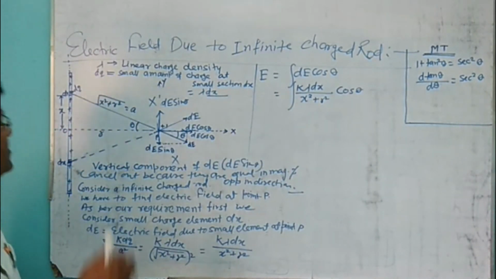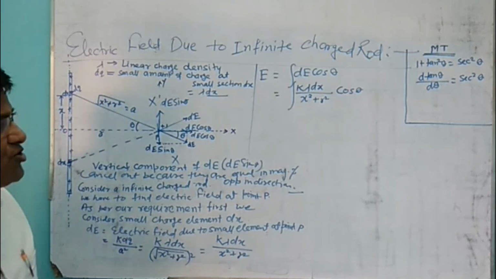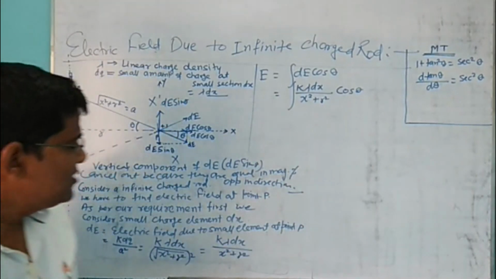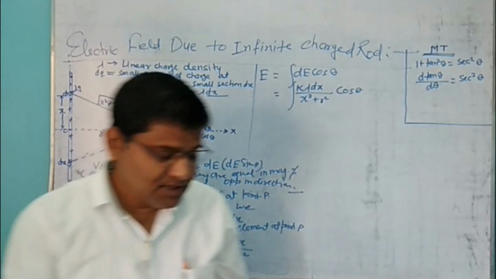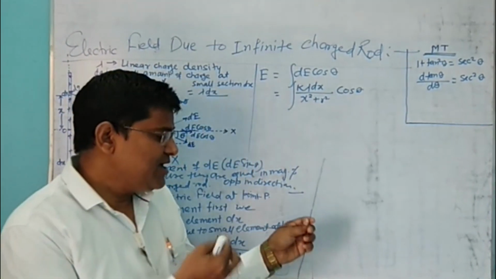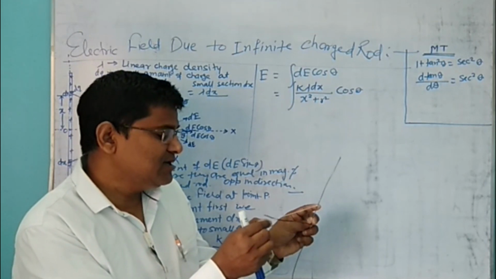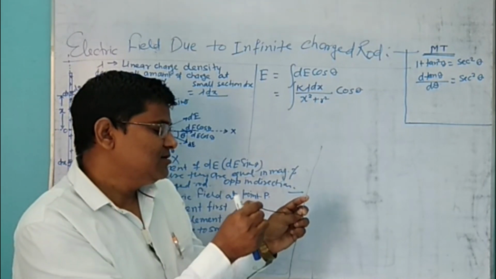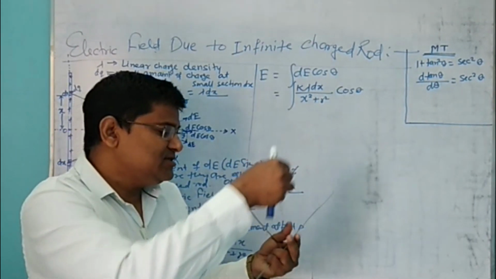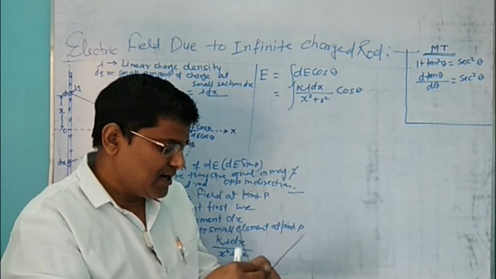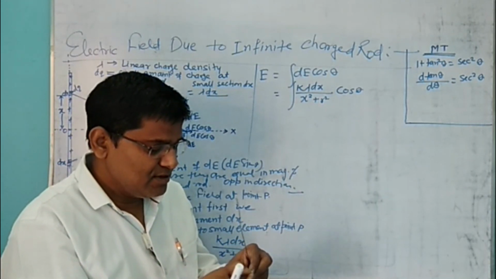Then this distance is also variable. So there are two variables, and it is difficult to integrate because, first of all, you see here, if the element is at this section, then the distance is this. The length of the thread is this. And if you consider this distance in the uppermost part, then this one is the variable.